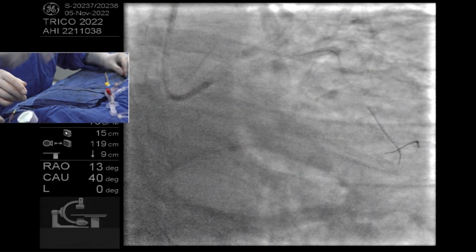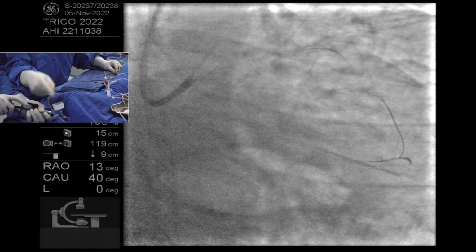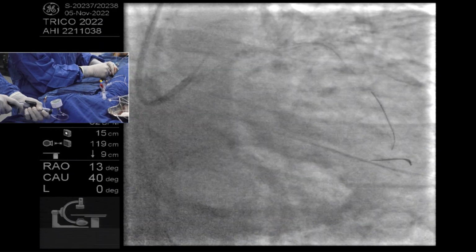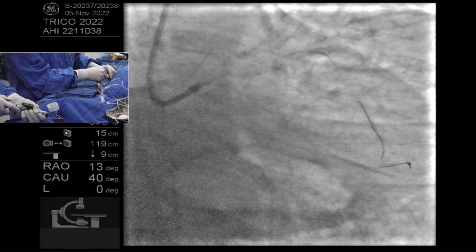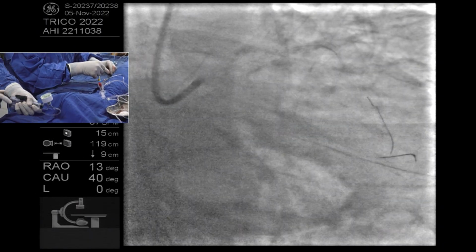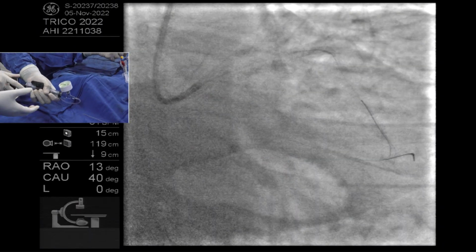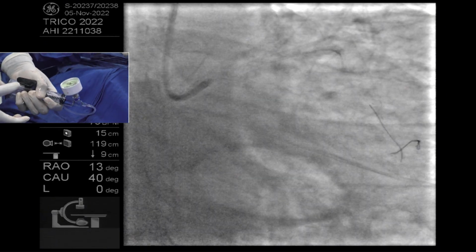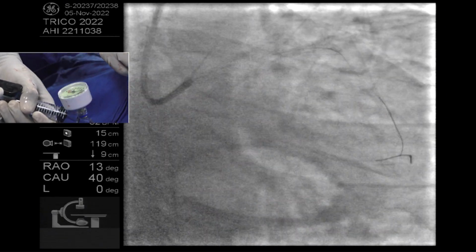We can use a trap balloon. Yeah, or more high pressure, 16. It should work. Yeah, the 7 guide, it should work.